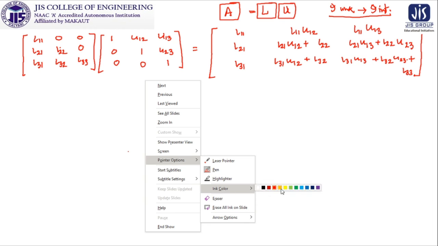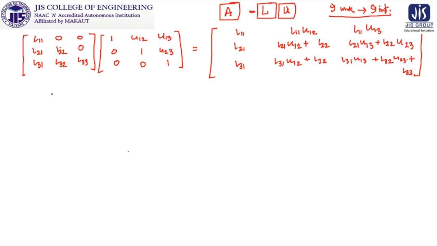Suppose I am taking my capital A as 2, minus 3, 4, 1, 1, 4, 3, 4, minus 1.